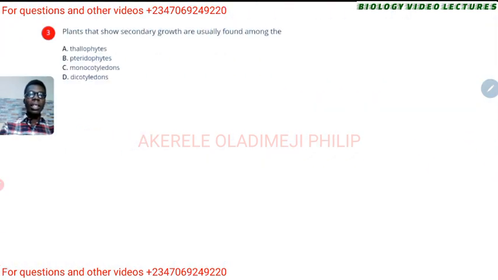Now it says here, plants that show secondary growth are usually found among the dicotyledons. Dicotyledons, please.